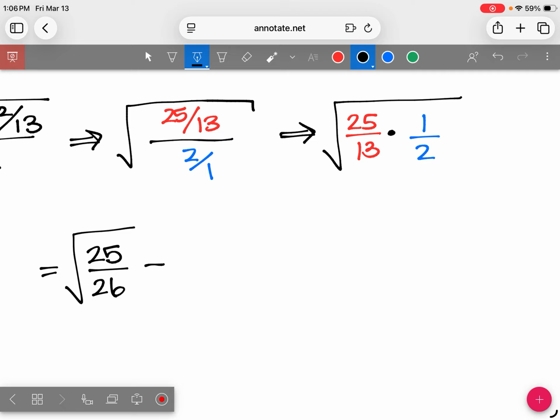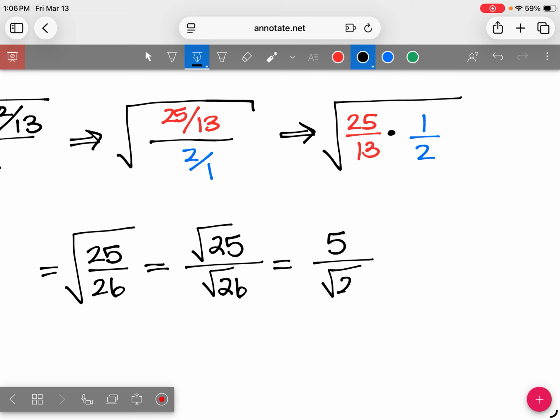I'm going to break it apart now. Square root of 25 over the square root of 26. 25 is a perfect square, though. What's the square root of 25? 5. All right, I would be done, but I can't leave it like that. So what's my very last step?